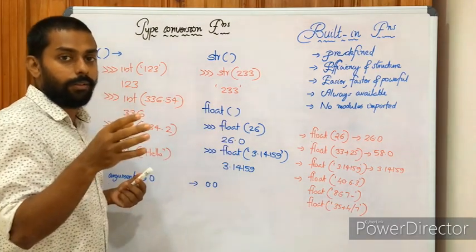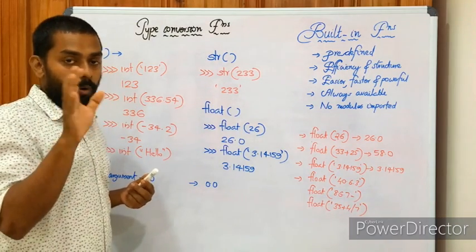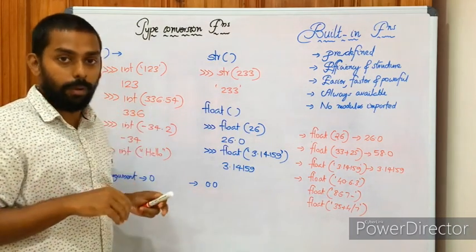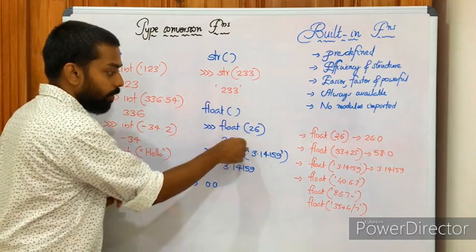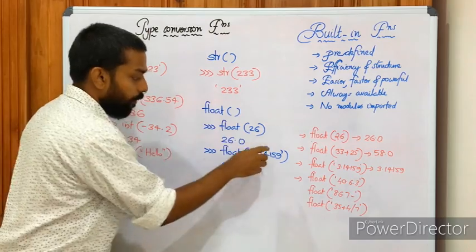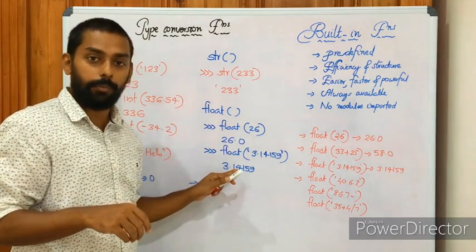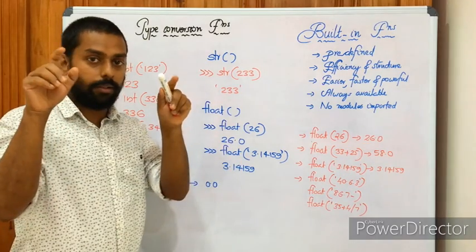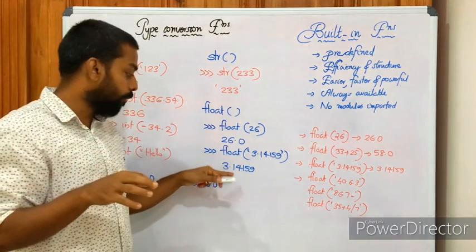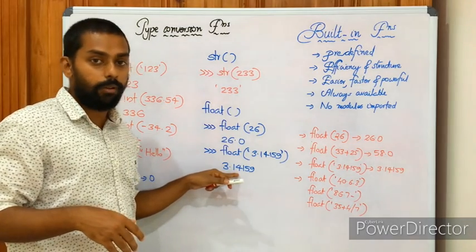Floating point is a type having a decimal part, both integral part and decimal part. Okay, 26.0 will be the result. Float of '3.14159', which is a string. It's in quotes, which will be converted to floating point. Okay, those quotes will be removed and it will result in a floating point value.